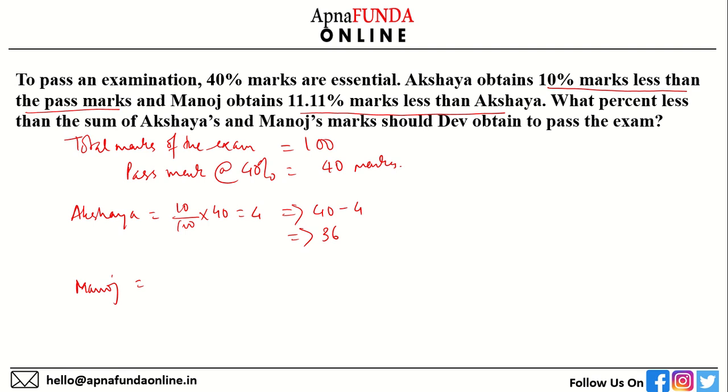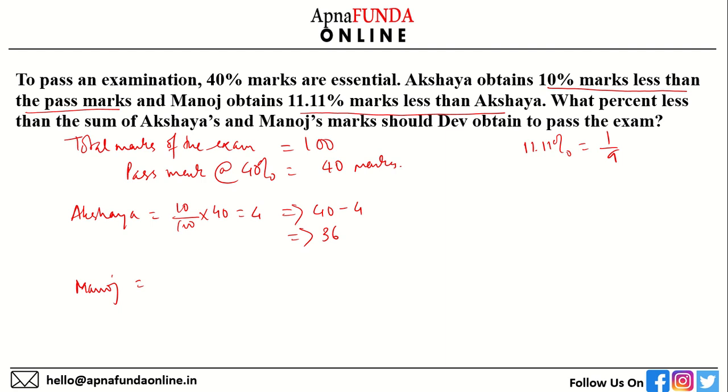By looking at 11.11%, you will immediately recognize that this is equal to 1 by 9. I hope you are practicing the fractions, decimals, and ratio equivalence, and you are thorough with the important percentages and their conversion. It is very important for you to know that, because it will help you solve the questions fast and it will make you see the question easily.